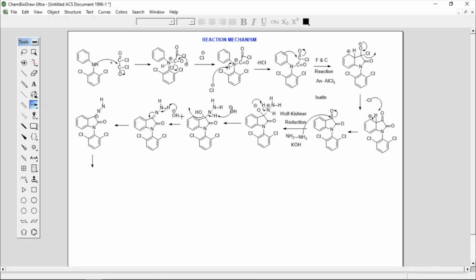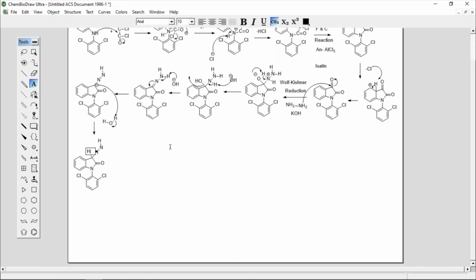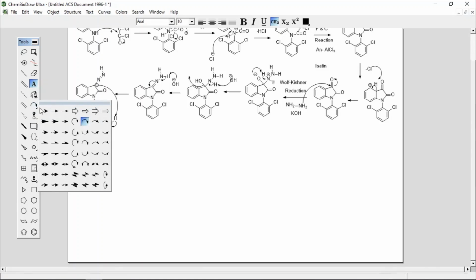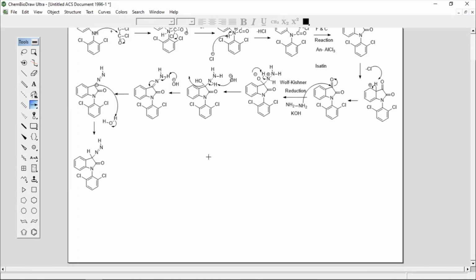In this step, this OH minus takes this hydrogen and converts to a water molecule. So the next step, once this carbon takes this hydrogen, N2 is a leaving group.